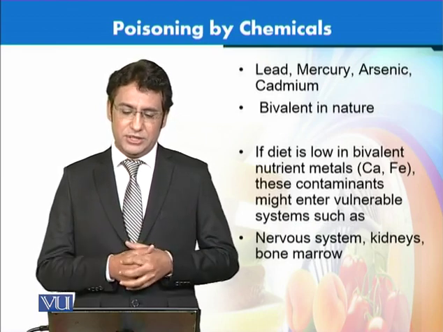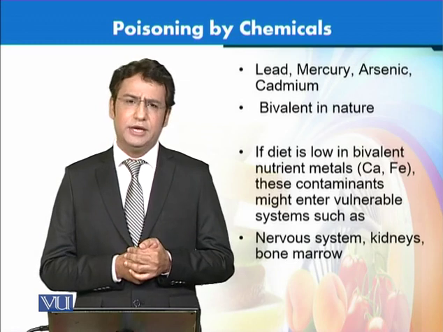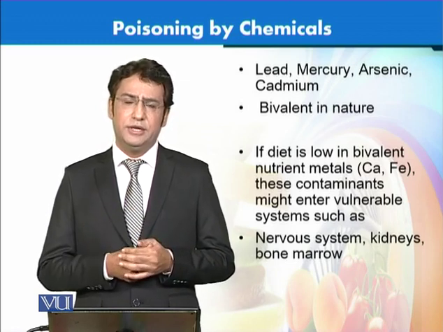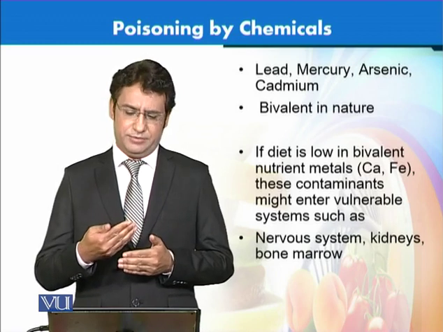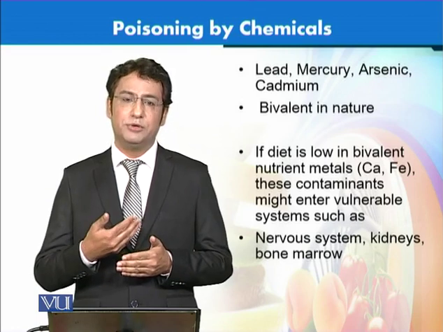So summarizing all this, lead, mercury, arsenic, and cadmium are serious metals. They are all bivalent in nature. I would like to highlight that these bivalent metals are more serious when we don't have proper nutrition.